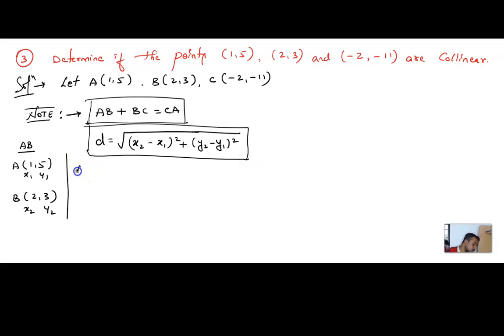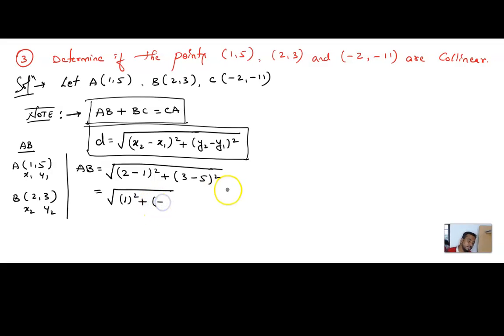Now we are finding the distance AB. AB is equal to root of, what is the value of x2? That is 2 minus x1, which is 1, whole square, plus y2, that is 3, minus y1, which is 5, whole square. That is equal to root of (2 minus 1, that is 1) whole square plus (3 minus 5). In 3, can we subtract 5? No, so we do 5 minus 3, that is 2, and it is minus 2 whole square.